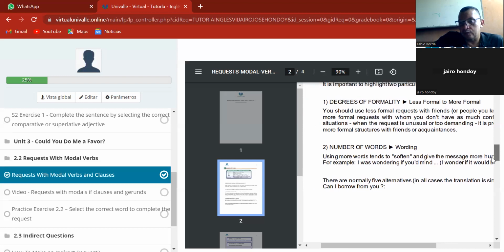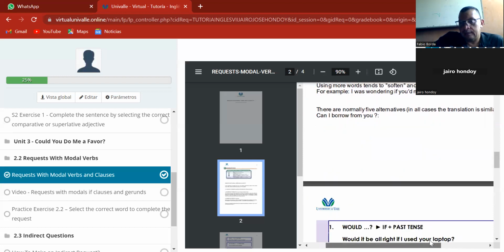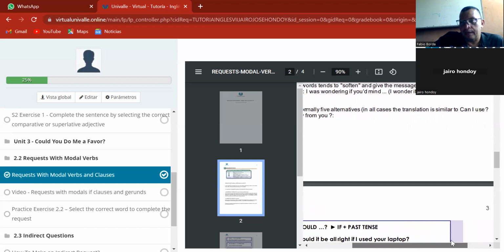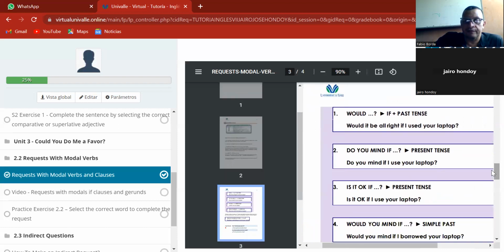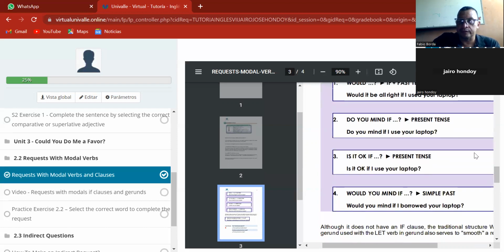The translation is similar to can I use? Can I borrow from you? And here we have different cases. Would, with if plus past tense, for example: Would it be all right if I use your laptop? Yeah, it's a good way to request something.